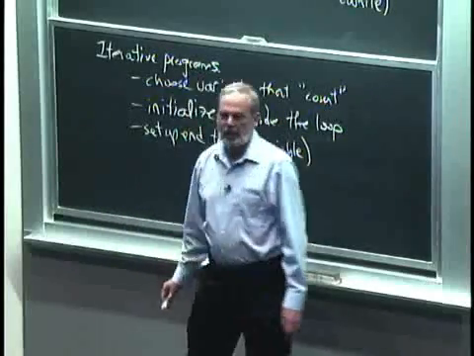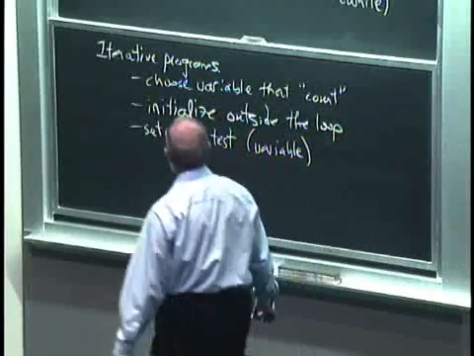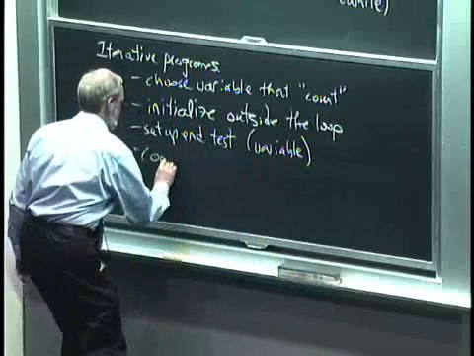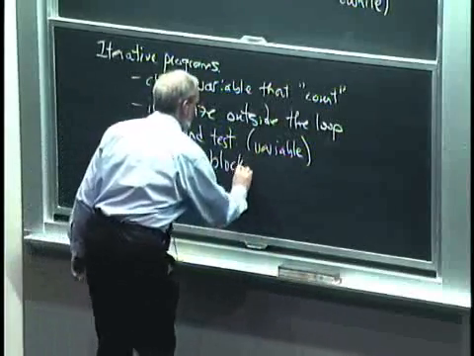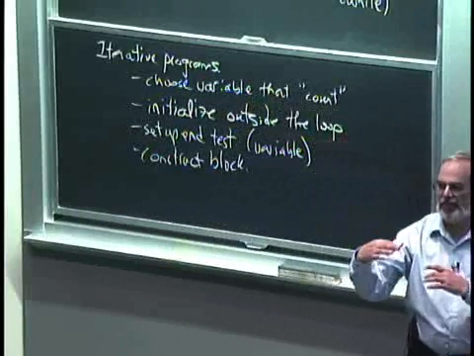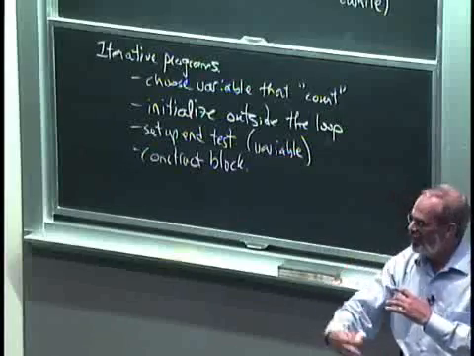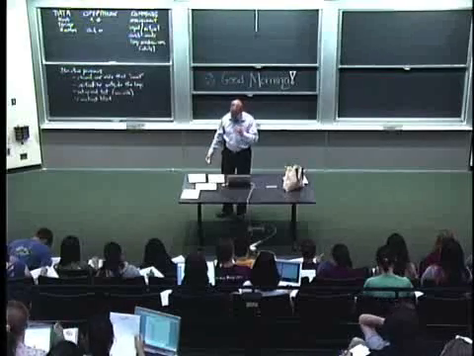All right, the fourth thing I'm going to do is construct the block of code. And I want to remind you, that block of code is a set of instructions, the same set of instructions that are going to be done each time through the loop. All that's going to change is the value of the variable or the value of some data structures.